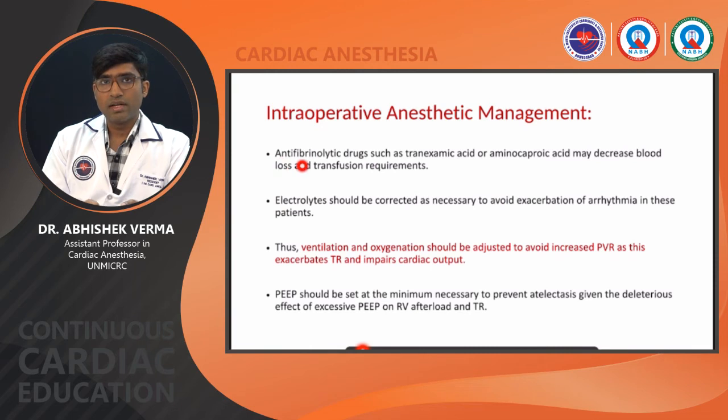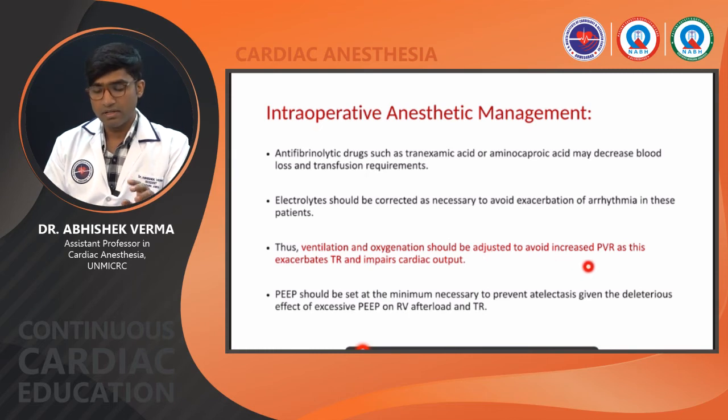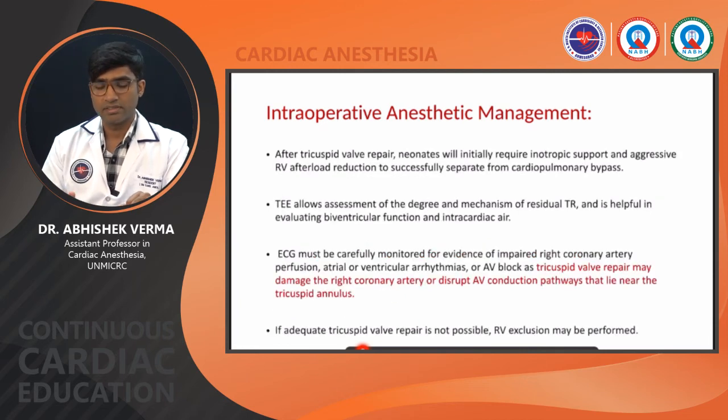We also use an antifibrinolytic such as tranexamic acid, a class 1 indication, to decrease blood loss and transfusion requirement. Electrolytes should be corrected. Ventilation and oxygen should be adjusted to avoid increased PVR, and PEEP should be set at the minimum necessary to prevent atelectasis, given the deleterious effect of excessive PEEP on RV afterload and tricuspid valve regurgitation.